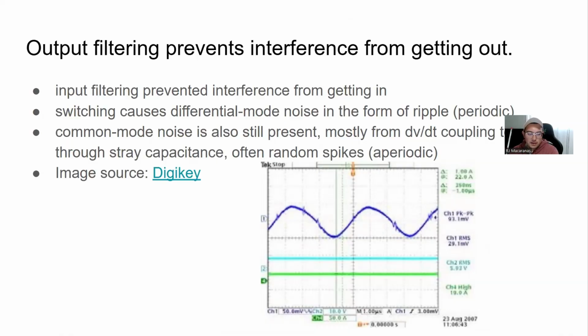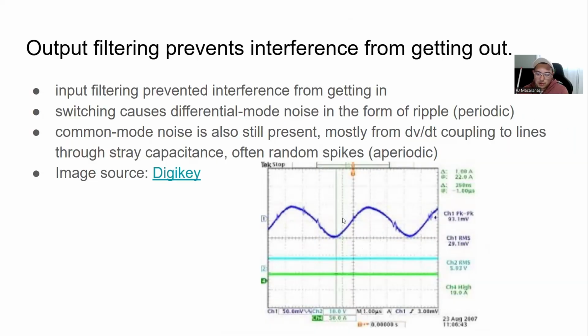And then here's just an example of a switching ripple, and you can see little noise spikes on it as well. The switching ripple is typically a differential mode form of noise, whereas these little spikes here are usually common mode. And this is usually occurring from coupling capacitance, right?